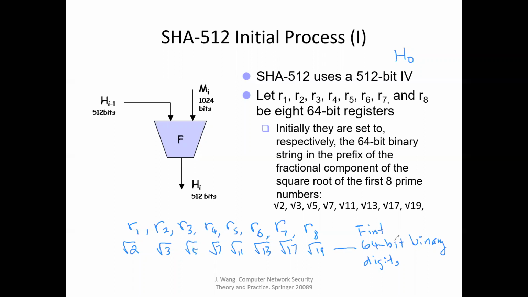Okay, so the square root of 2 is 0.14 blah blah blah. So this is an irrational number, so it has infinitely many fractional digits. So you convert that decimal into binary. You take the first 64 binary digits to be the initial values of each of these registers, and then the values of these registers will be updated.